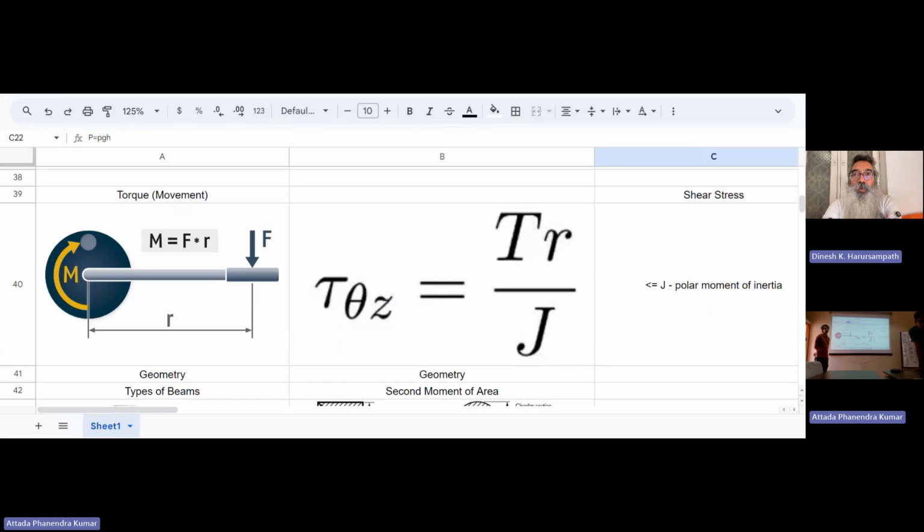As I discussed in the previous class, J is not the moment of inertia or the polar moment of inertia in general. It's called the torsional constant. It happens to be the polar moment of inertia for circular cross sections, both solid and hollow, but for no other cross sections.